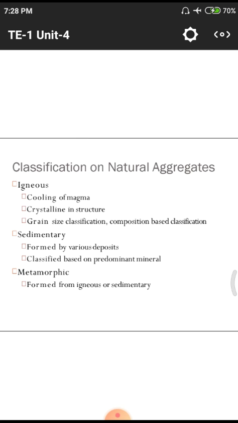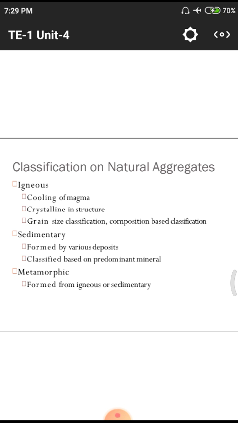Next one, crystalline in structure. Crystalline means we have to use those magma in different areas. In our construction we are having different particle sizes, so according to those particle sizes we have to divide those magma into a number of parts.